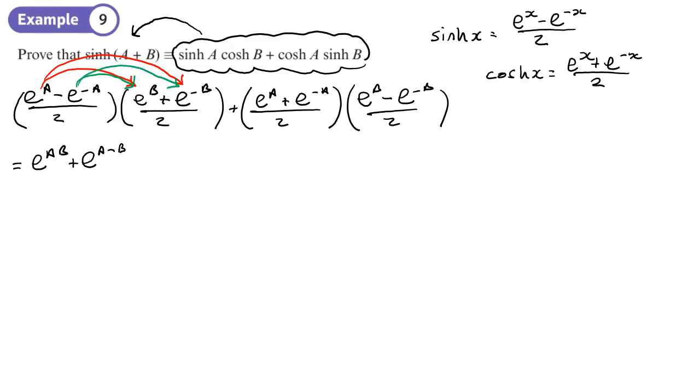That's the order that I'm doing in case you're wondering. Then e^(a−b), then the next one will be minus e^(−a+b), and then the last one will be minus again e^(−a−b), all over 4.